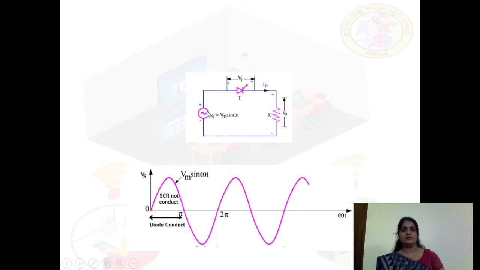Here we are applying a signal Vs, where Vs indicates the sine input, passing through the thyristor with current I0 and voltage V0 at the load R. The output from this circuit is shown in the next graph.